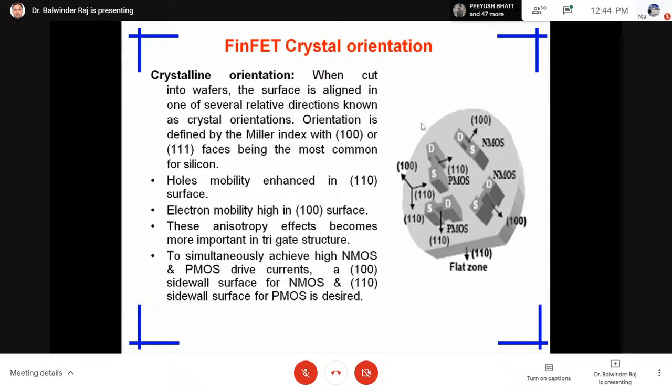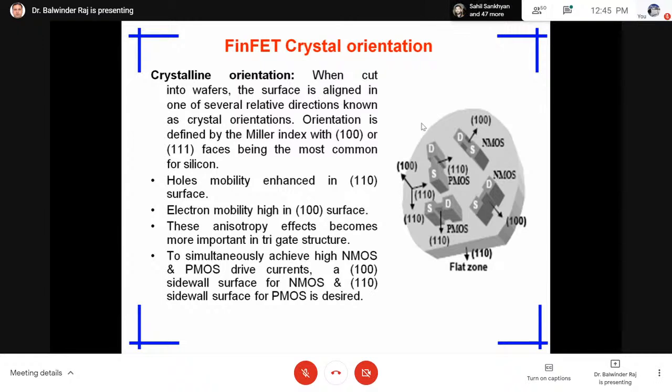So in the FinFET, the beauty is that high mobility of electrons and holes both can be achieved with the orientation of 110, but this type of orientation is not available in the conventional MOSFET. Why? The question is why it is not available in conventional. Because the wafer is made of the same material, silicon, but conventionally we are using a planar structure MOSFET, whereas here we are cutting this structure, we can say 3D type.